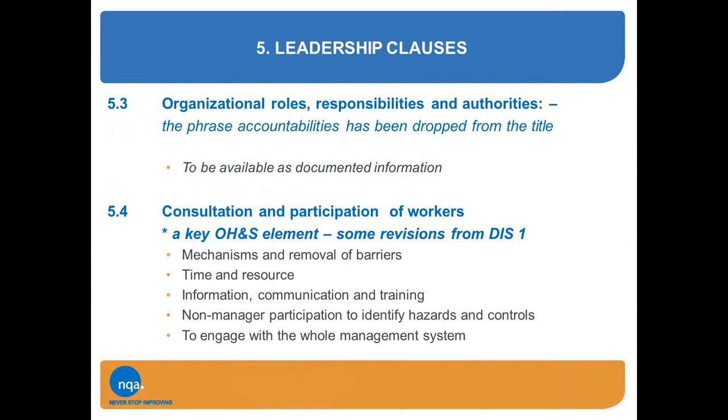And it also talks about accountabilities and responsibilities, etc., all needing to be demonstrated in documented information. So there needs to be some evidence, not just a statement of, oh, well, that's Charlie's job. It needs to be documented in some way, defined as to what the responsibilities and authorities are for that particular role.